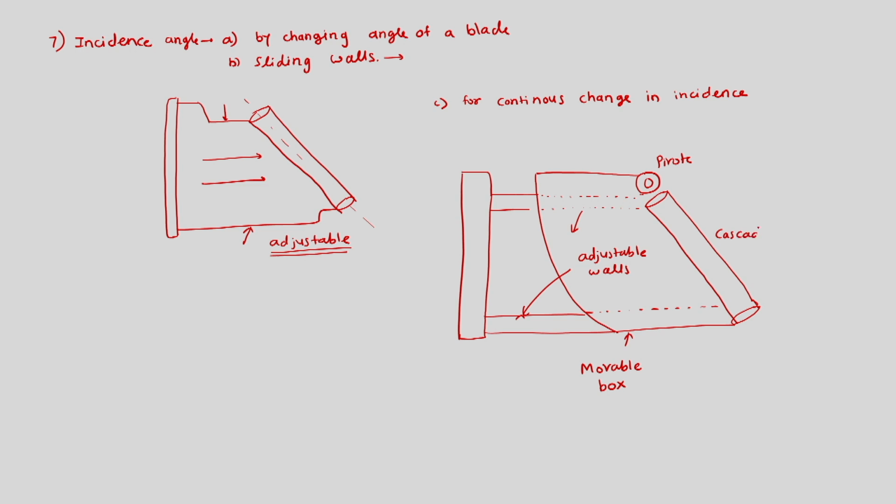This pivot would rotate the cascade to different angles and change the orientation of the cascade with respect to the velocity vector, and hence it can alter the incidence angle of the flow.